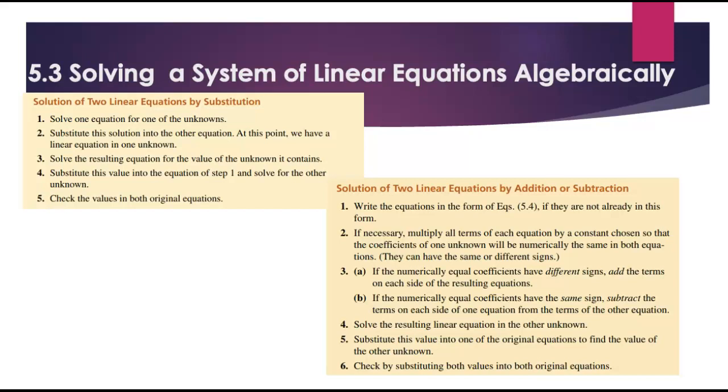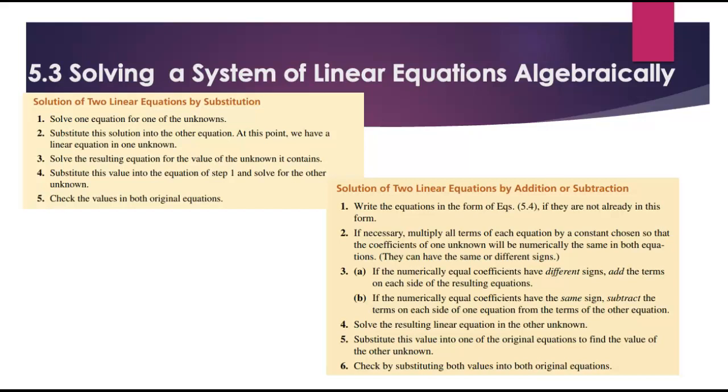And then that is an ordered pair or a point, and you would check those values in both the original equations. The second method is by addition or subtraction. And we're going to go through the steps in this one as well. We need to get the equations in an appropriate form. And then once we do that, we want to eliminate one of the two variables.